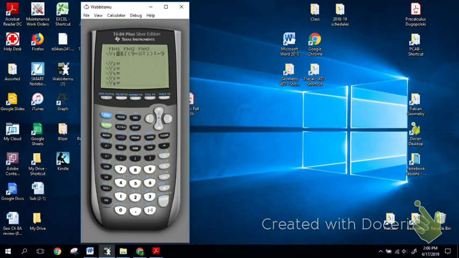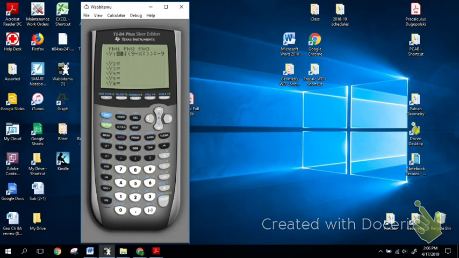Nothing should be on. This is just graphing a function, so maybe go home and make sure you're practicing that. Zoom standard. Okay, I got it.